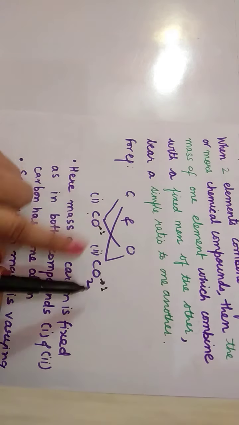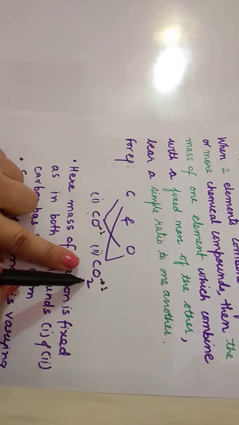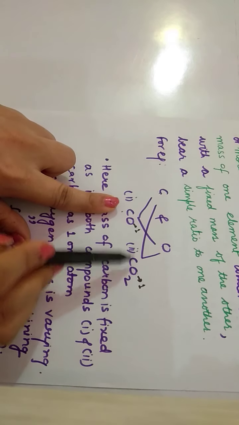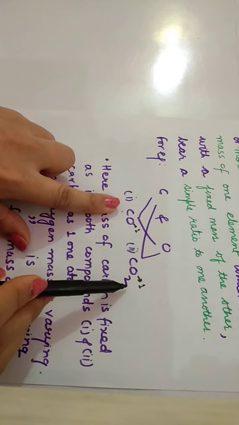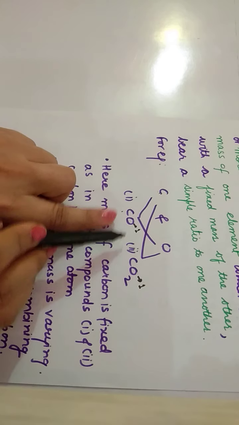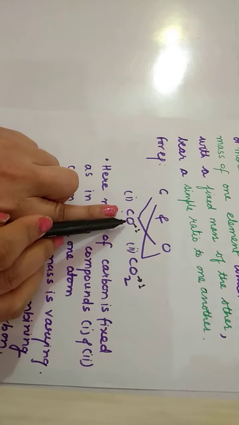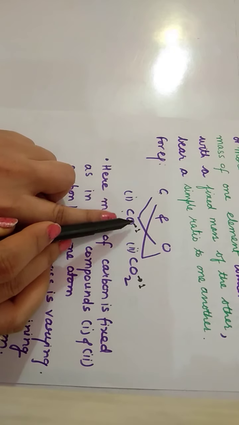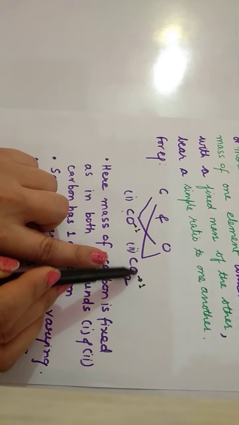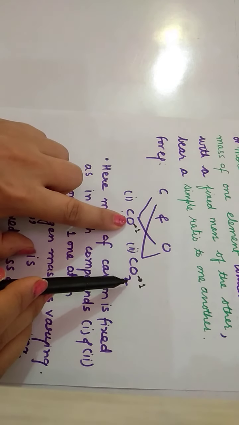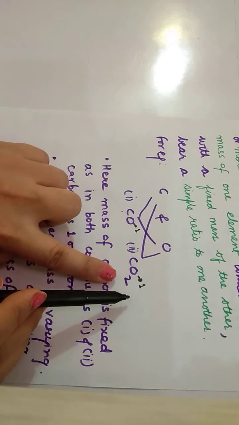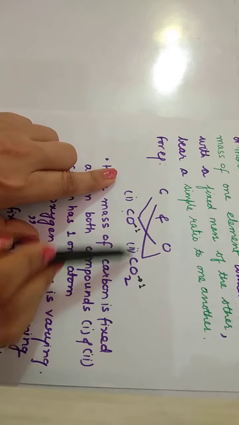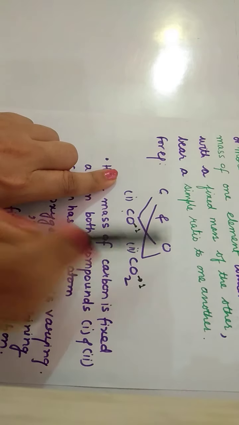You can see the number of carbon atoms in both carbon monoxide and carbon dioxide is the same, while the number of oxygen atoms varies in the two compounds. Here we have only one oxygen atom and here we have two oxygen atoms. So oxygen's mass is varying while carbon has a fixed mass in both the compounds formed by combining carbon and oxygen.